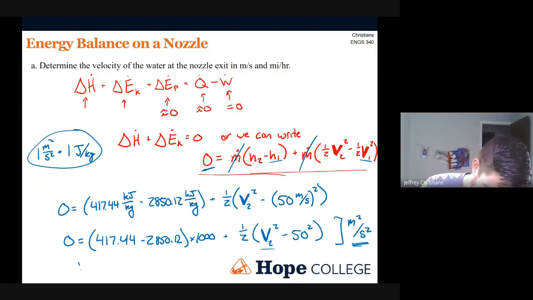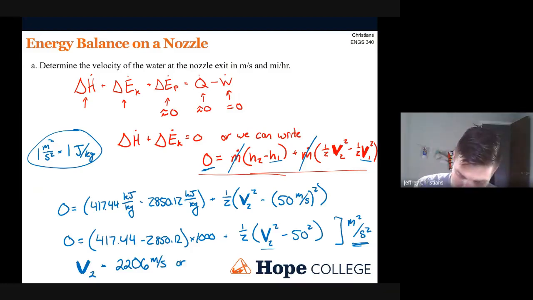And you can solve for the final velocity. V2 would be equal to about 2,206 meters per second, or about 5,000 miles per hour.